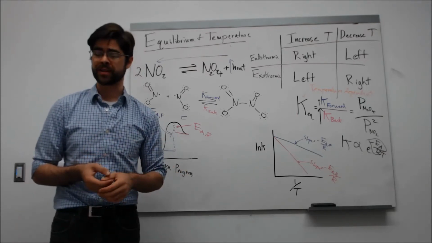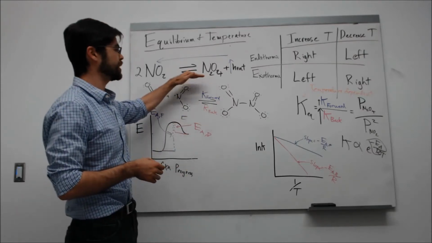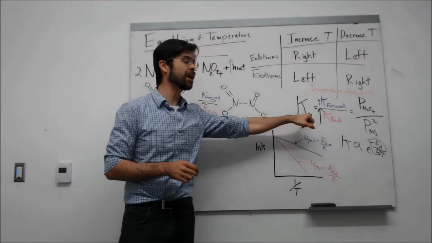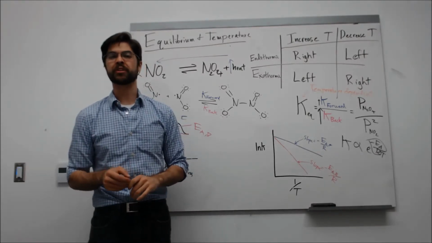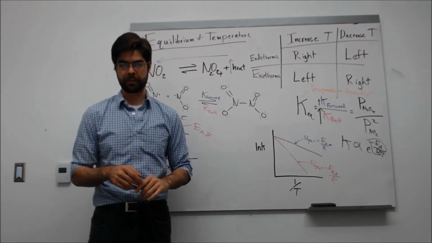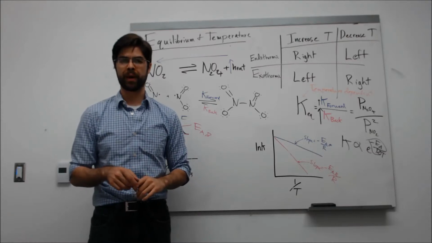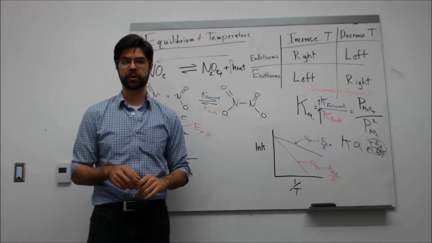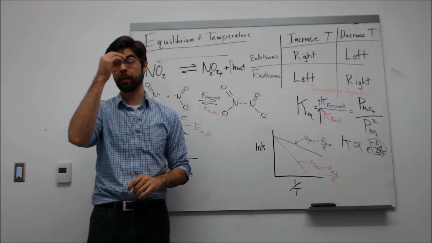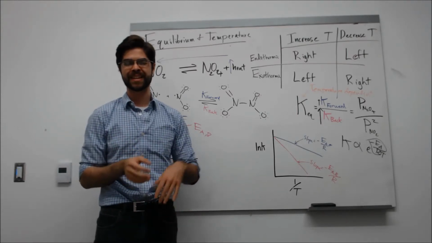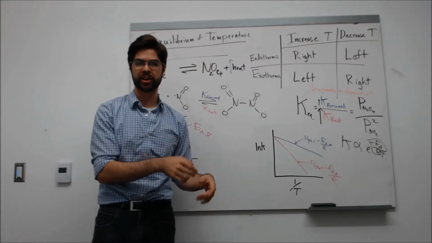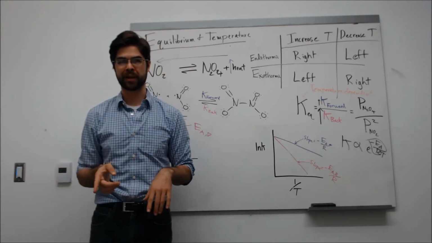The other reason why it doesn't make sense is that if you have only this picture, you're losing this other important point, which is that changing the temperature fundamentally changes the equilibrium constant. We'll talk more about the temperature dependence of equilibrium constants when we get to chemical thermodynamics, and we'll be able to come up with an expression that relates the energy change for a reaction to the equilibrium constant.